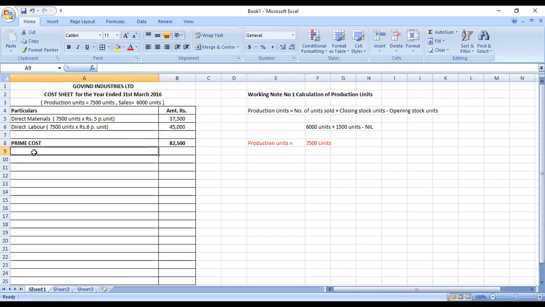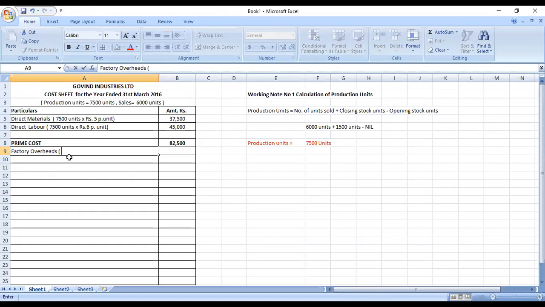Okay. After the prime cost, what is the next? The next is what is called the factory overheads. What information is given in the problem? Read adjustment number 3. What is adjustment number 3, student?